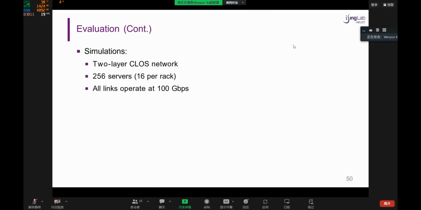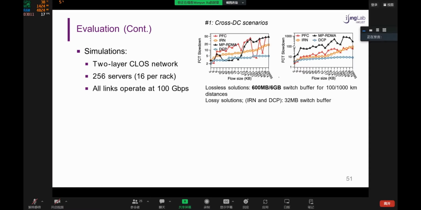They also conducted comprehensive simulations. The topology is a 2-layer Clos network with 256 servers, and all links operate at 100 Gbps. We validated that DCP achieves a larger improvement in cross-DC scenarios, even with relatively small switch buffers.